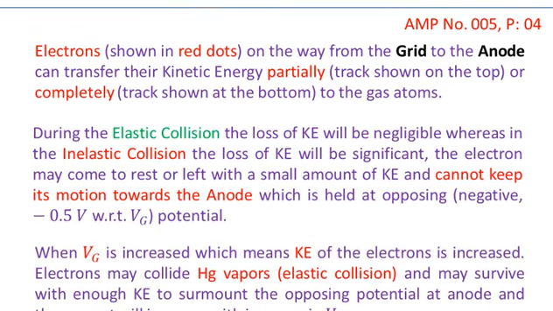So electrons shown in the red dots on the way from the grid to the anode can transfer their kinetic energy partially, that is the track shown on the top, or completely, the track shown at the bottom, to the gas atoms.